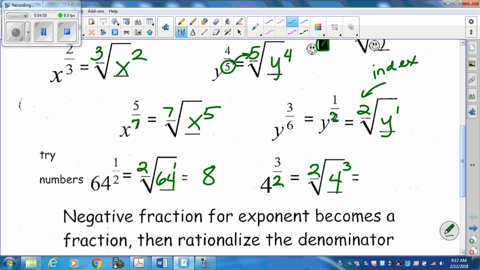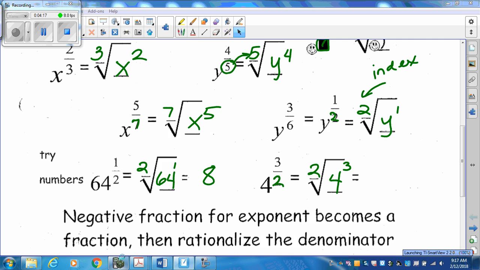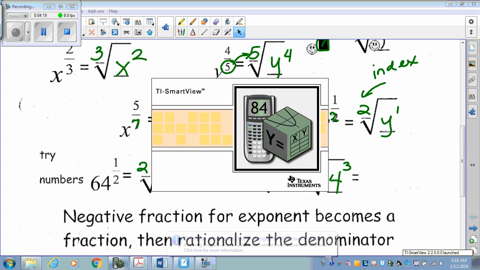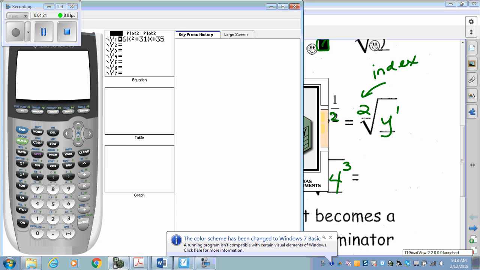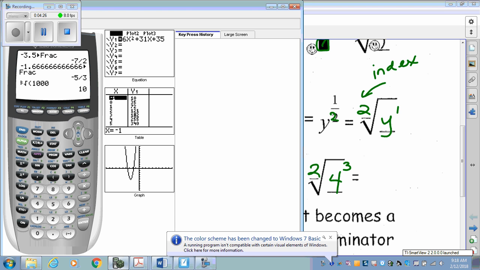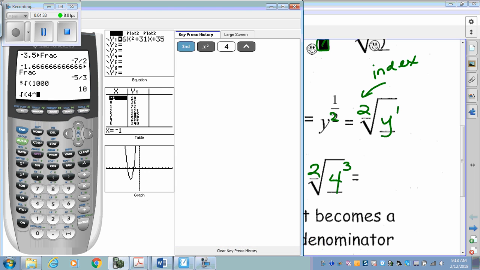If I do that on my calculator, I take the square root of 4 to the 3rd power, and that equals 8.